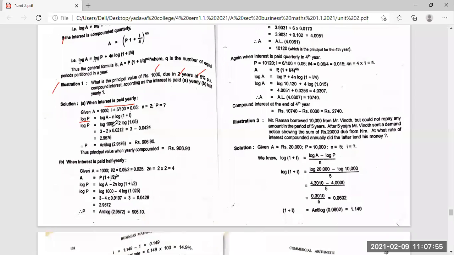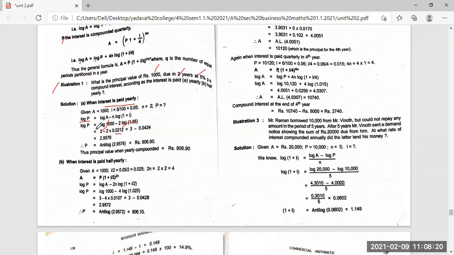Log 1000, you will get the answer 3. 2 into log 1.05: the answer is 0.0212, multiplying with 2 gives 0.0424. So 3 minus 0.0424. Here, log 1000 gives one answer, then log 1.05 gives another.